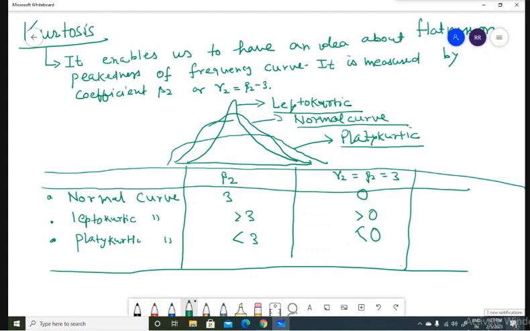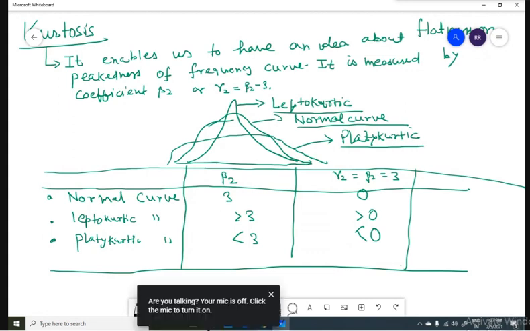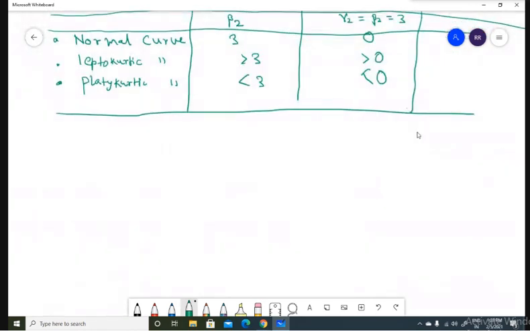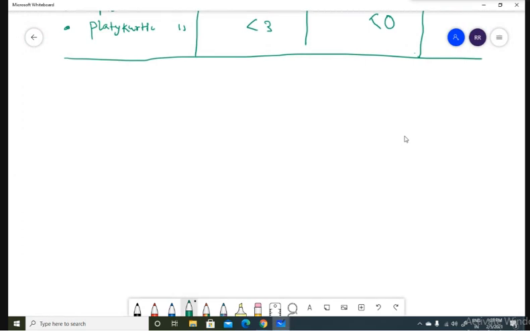And one thing you should remember, these are coefficients of kurtosis. So we have discussed all about univariate data, properties of univariate data when only one variable is involved. Now we will discuss multivariable, more than one variable.